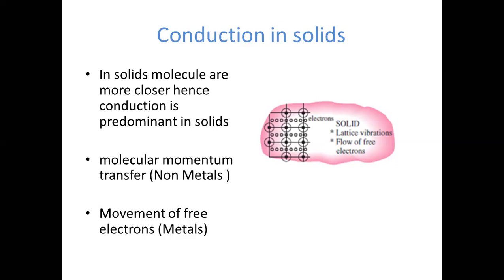This means in non-metals there will also be movement of electrons, and in metals there will also be lattice vibration, but compared to the movement of electrons in metals, the conduction because of lattice vibration will be less than the flow of free electrons. Free electron movement takes the major role in the case of solid metals.